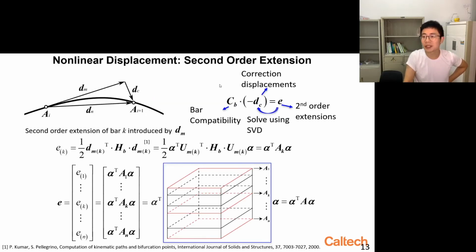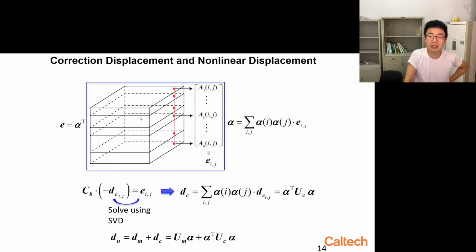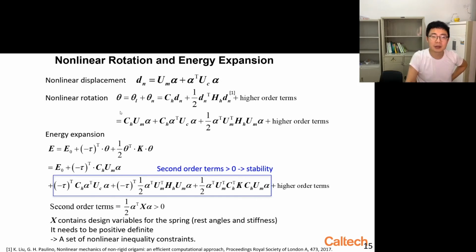I don't want to go into details, but basically you need to do a lot of corrections, and this is a third order tensor, and with a kind of smart rearrangement, in the end you can cancel and solve. So this is the nonlinear displacement. You can see there's a second order term for it. And also for the nonlinear rotation, you need to include the Hessian matrix. Actually, it's also a third order tensor. So you pile them up, and then you find out the second order energy variation is actually very complex.